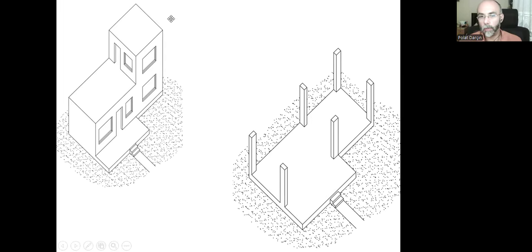We need to measure this size here, and if it's shorter than 7 meters, then it means that we place a column here, another one on this corner, one here and one at the back.